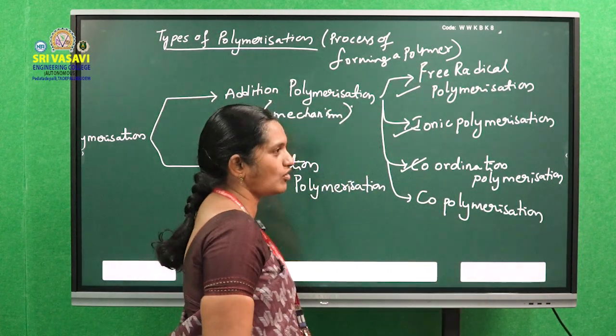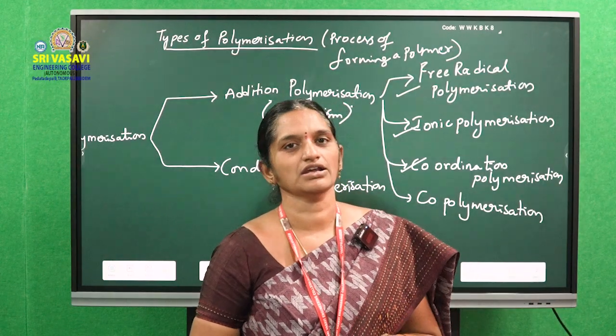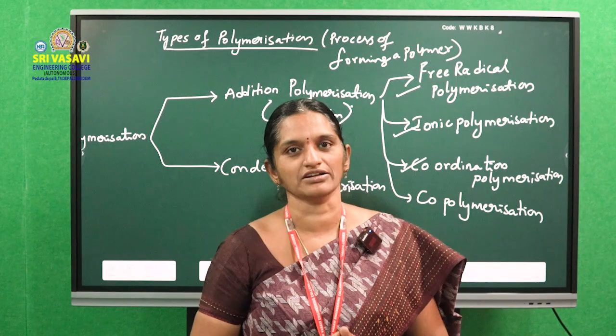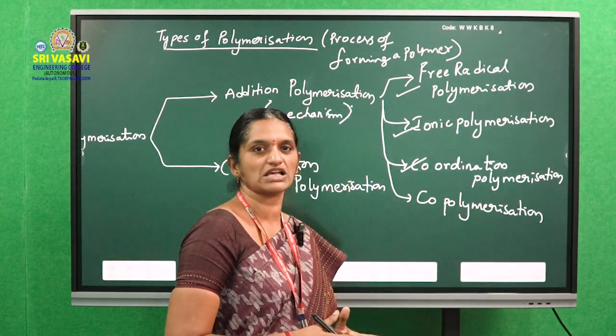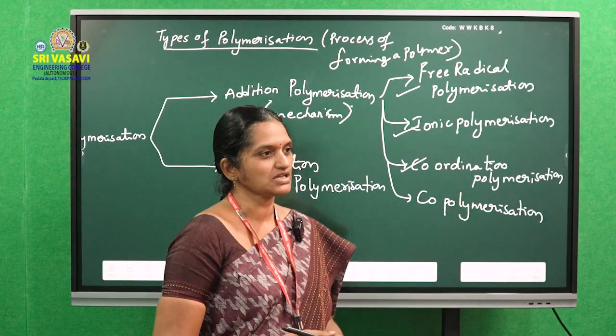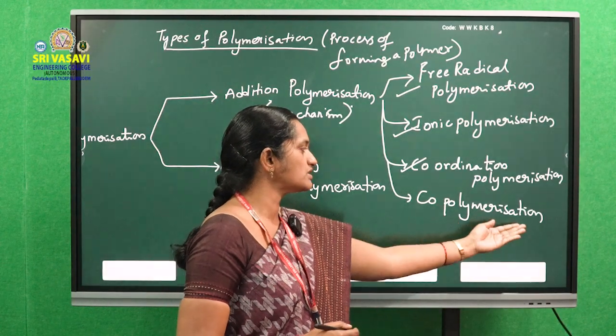Of course, co-polymerization is somewhat different. Here, generally, we are adding different types of monomers. Co-polymerization is generally observed in elastomers. These are unsaturated monomers that we are adding, and the monomers are different.